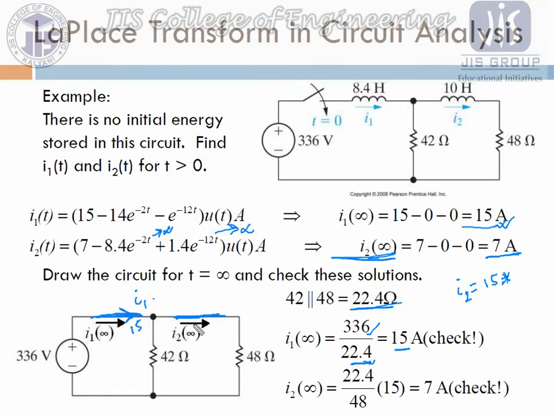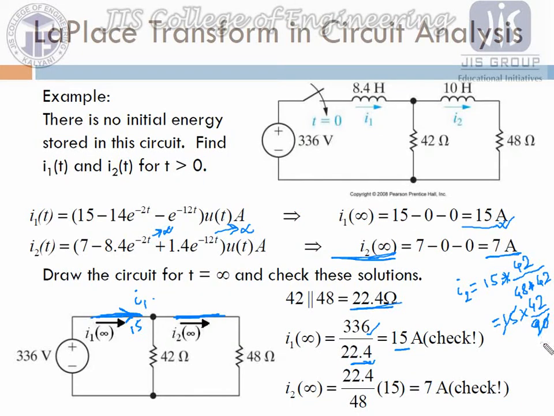We are finding the current in the 48 ohm resistance, so the other branch resistance is 42. So 15 into 42 divided by the total resistance, since the current is being divided among 48 and 42, so the denominator comes to 90. So it will be 15 into 42 by 90.